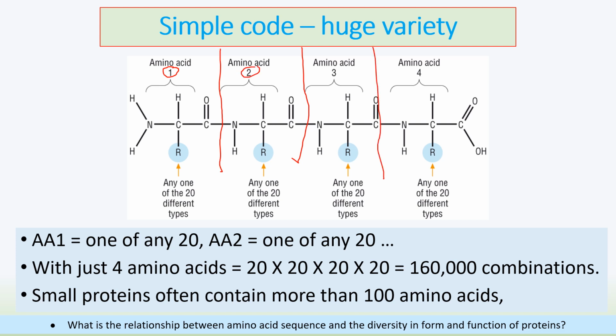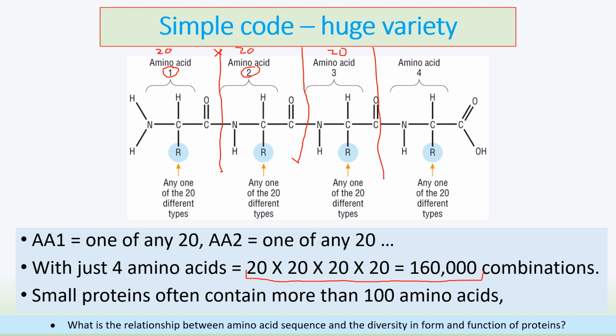So you'd have 20 potential combinations here, and you'd have to multiply that by 20 here, by 20 here, and by 20 here. So for just 4 amino acids, you would have that many different combinations of amino acid sequences. So 160,000 combinations with 4 amino acids.